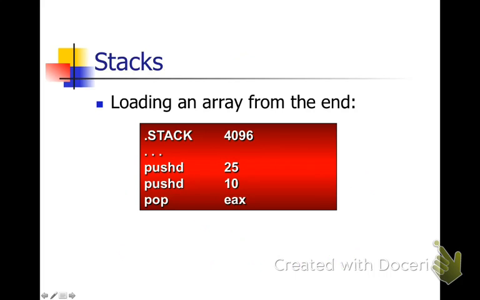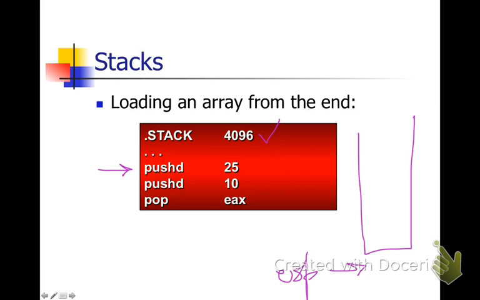We'll draw this for now without indicating exactly what it's going to look like in memory. We'll come back and do that in a second. Let's just kind of do this. So stack pointer is right here. Okay, I've allocated my stack, so that instruction is done. I get here to push the double word 25 on the stack. I pre-decrement my stack pointer, push 25 on the stack.